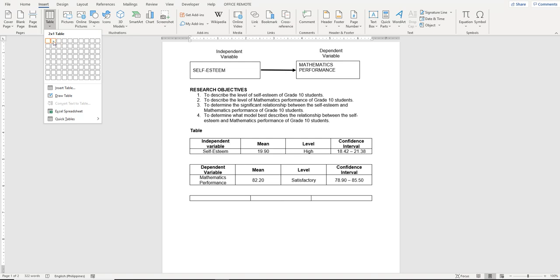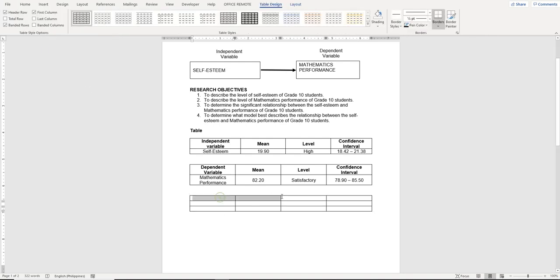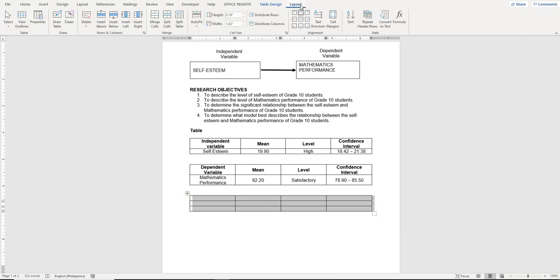We have the mean, the R, the interpretation of the R. This is not bold, and the alignment must be at the center.